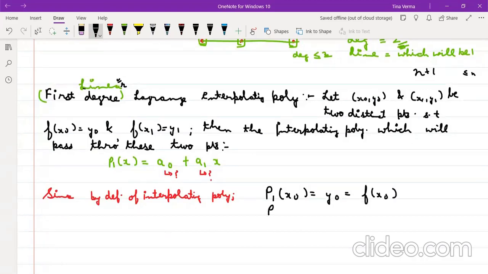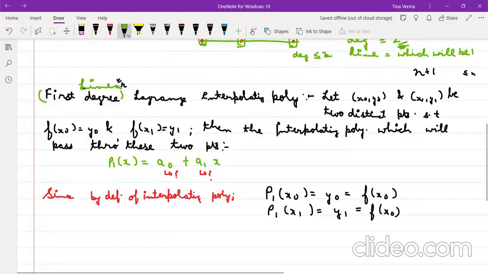And P1's value at x1 is y1, which is the function value at x1. If I substitute x0 in place of x, P1 of x0 will be a0 plus a1 into x0, equal to the function value at x0.